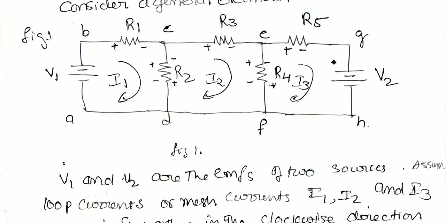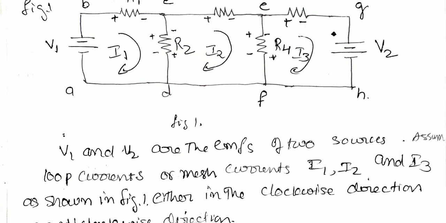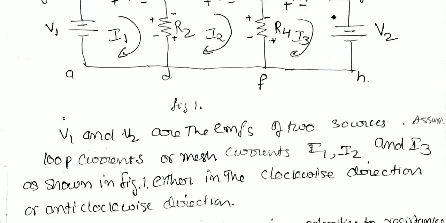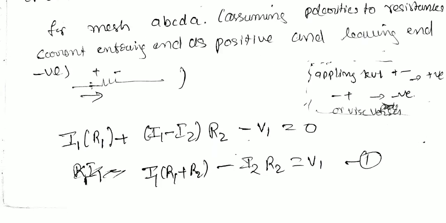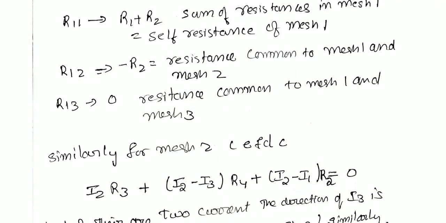Or I can take it as I2 minus I3, and at that time I have to take minus of I2 minus I3 into R4. If I say it like this, you will not understand. In the offline class I will try to explain it once again.